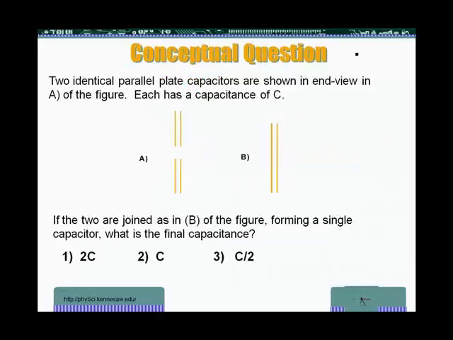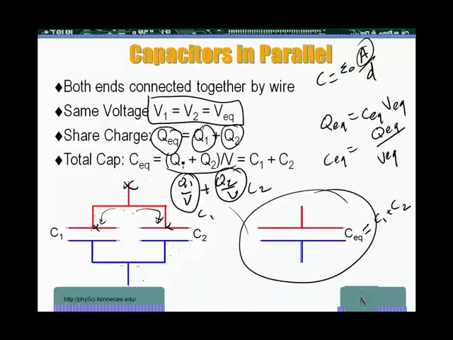It's very much like this problem that we discussed before, like soldering these two capacitors to each other. So in this case, if I'm going to add the areas, that's equivalent to adding the capacitance, and that's why C equivalent is C1 plus C2.